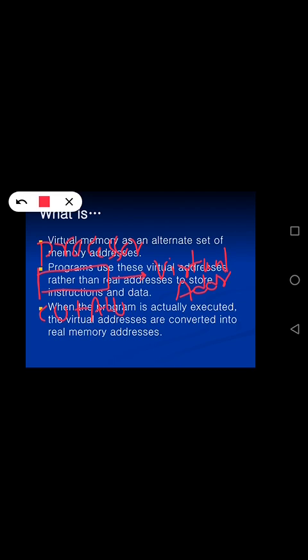This virtual address has to be converted into a physical address.